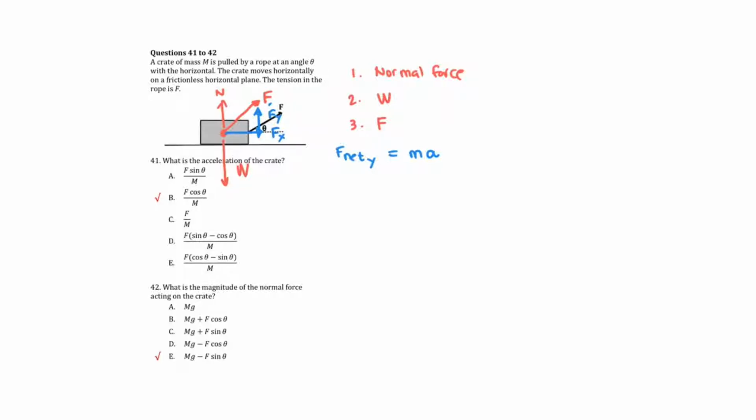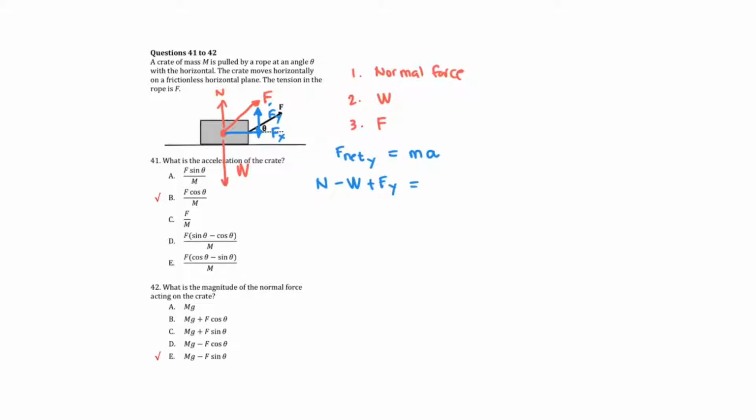F net y would be the forces that are on the y-axis. We have the normal force, directed upward, so that's positive, minus the weight, because it is directed downward. And we also have the y component of F, so plus Fy, because that is directed upward.